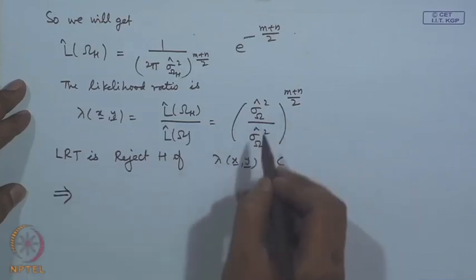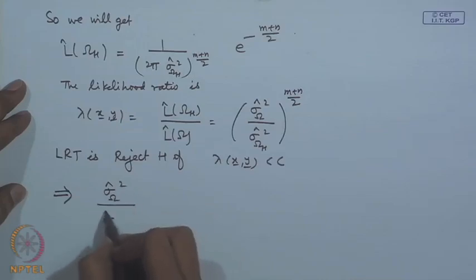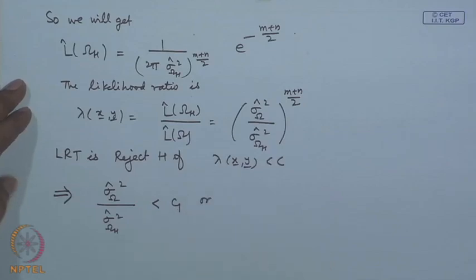Now, that will be equivalent to sigma omega head square divided by sigma omega h head square being less than some c 1, and then we can substitute these values here.